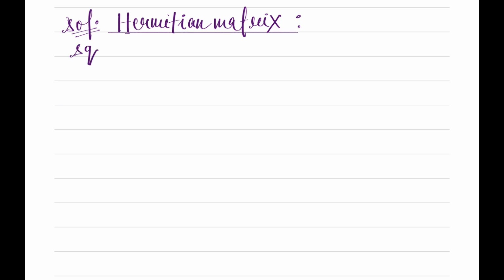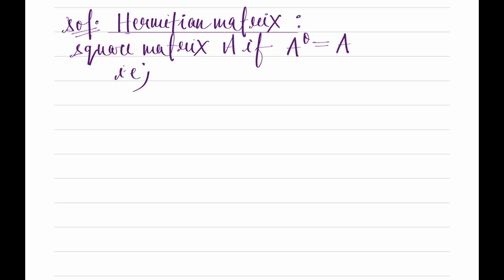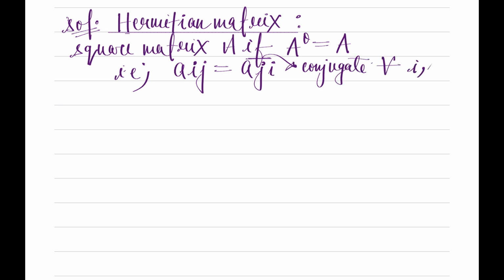It is a square matrix A, denoted A dagger, where the element Aij must be the conjugate of Aji, for all i, j.